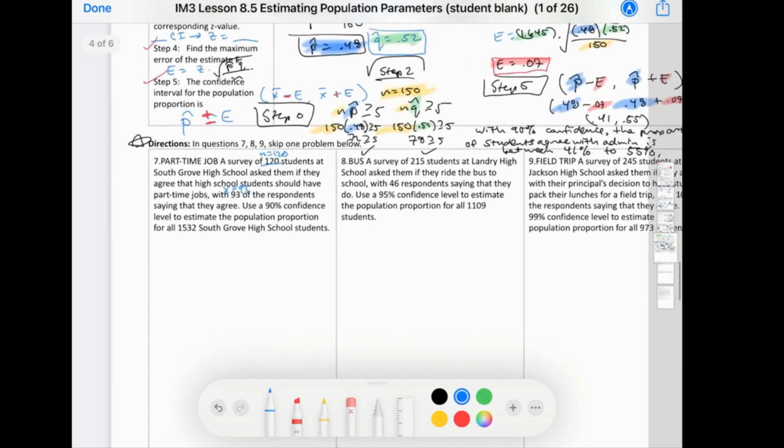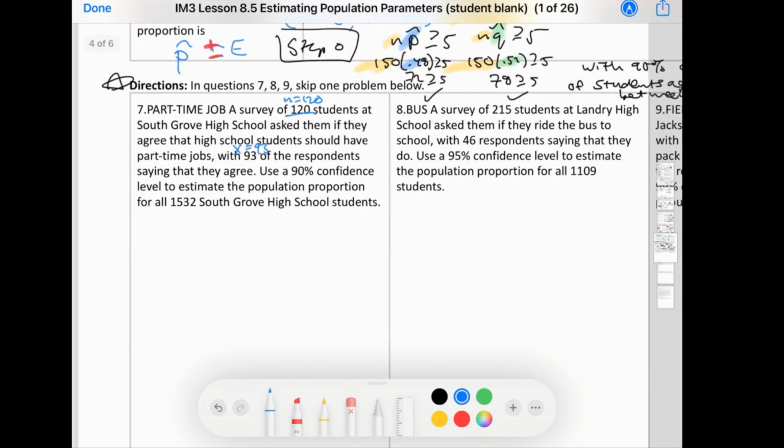Okay, so the first thing I'm going to do is my p hat. P hat equals x over n. And I have 93 over 120. So if I put that into my calculator, 93 divided by 120 gives me 0.775.